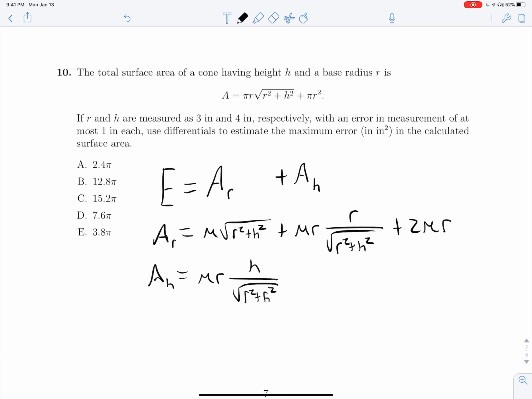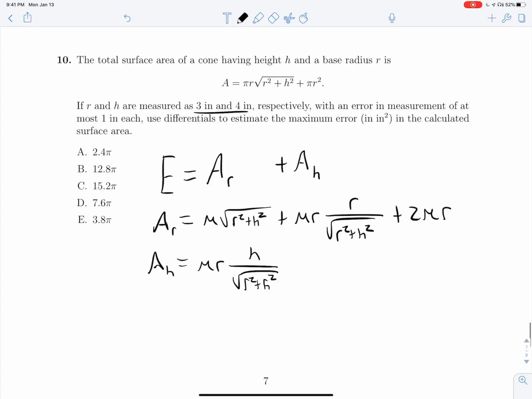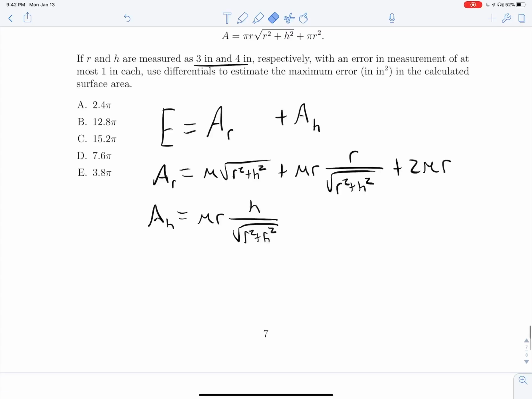Okay, let's see if I actually did remember my Calc 1 material, because all we have to do now is plug in 3 and 4 for r and h, add them together, and we should have an answer. So 3 squared plus 4 squared, 9 plus 16 is 25, so all of these square root expressions are going to turn into 5.